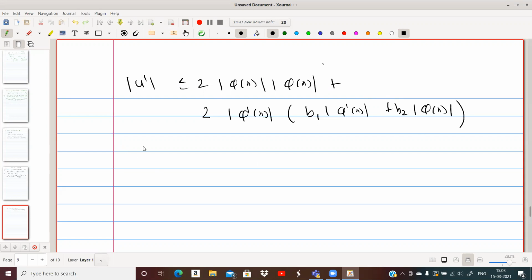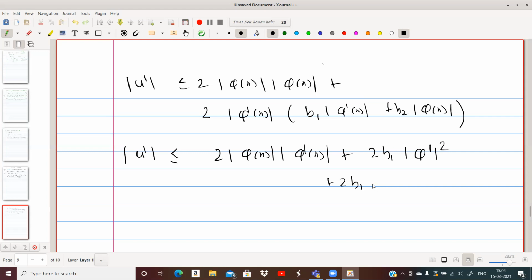So at last, magnitude of u dash is less than or equal to 2 times phi of x plus phi dash x, plus 2 times b1. I'm going to multiply, you get phi dash squared here. And the next is 2 times b1 into phi dash x mod, and 2 times b2.